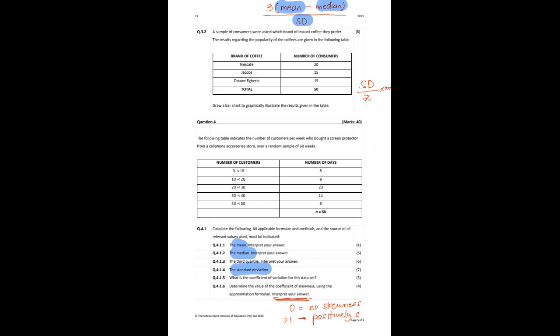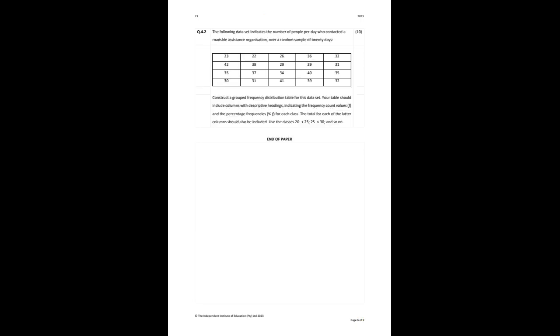And then the last question is looking at drawing up a grouped frequency distribution table. So they've said to you that the following data set includes the number of people per day who contacted a roadside assistance organization over a random sample of 20 days. They've given you the figures randomly. They said to construct a grouped frequency distribution table for this data set.